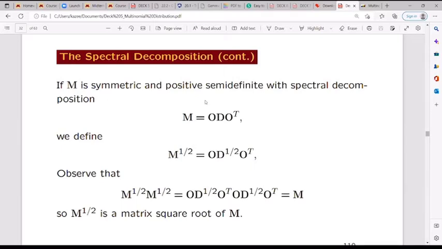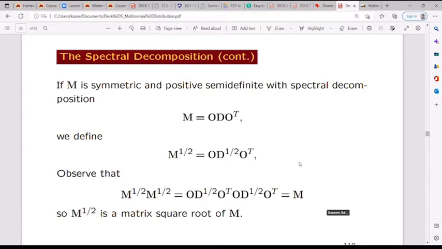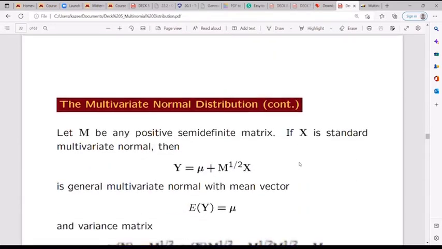So if you look at what we're doing here, if M is symmetric and positive definite with the spectral decomposition, M is going to be equal to that. If I want to find the square root of that, this is what I'm actually going to have. Here we observe that this multiplied by that is basically going to return M. Don't forget, if this is this, and I multiply it by itself, that will lead us to M. So you can revisit your matrix knowledge.